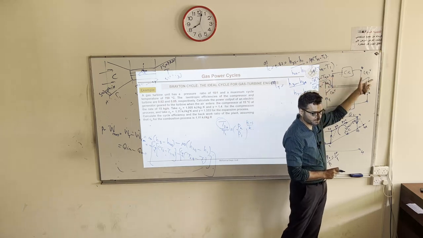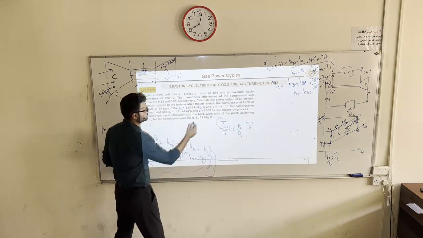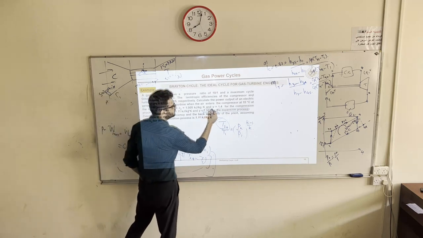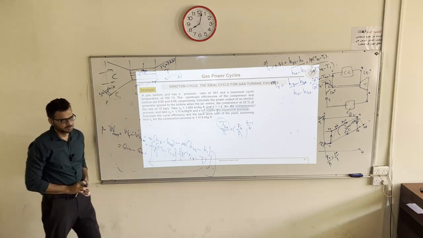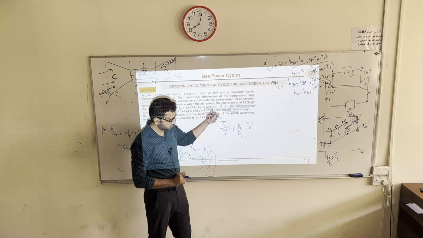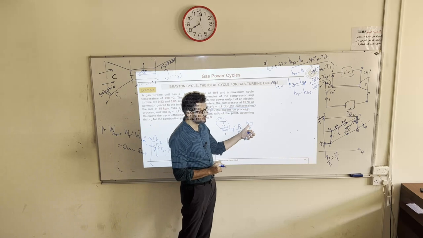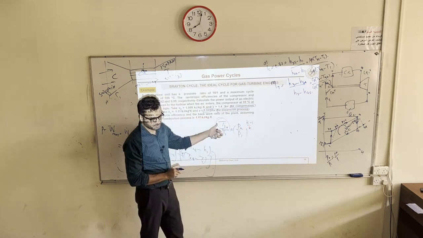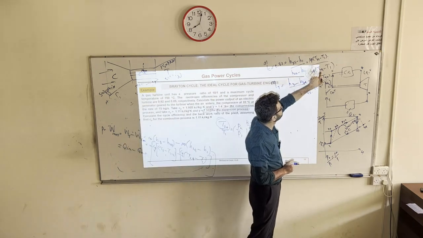Here it's given, take 1.33. 1.4 for compression. So you can say K1, K2. For this process, this is K1, for the other is K2. Okay. So find out T2S first, then put it here to find out T2A.